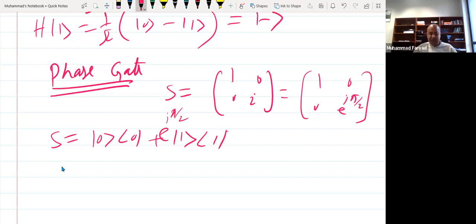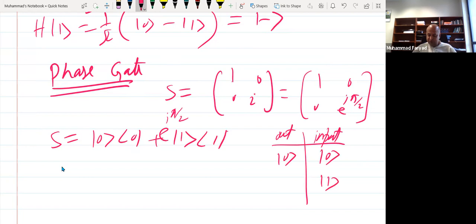Now you can see what this gate does. It transforms the input 0 to just 0, but if the input is 1, it gives it a phase of π/2 because it multiplies it with i. So this is the truth table of this gate.